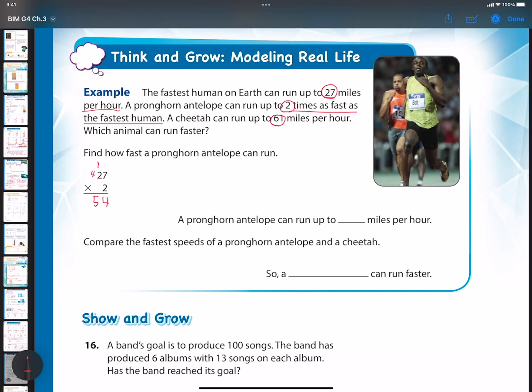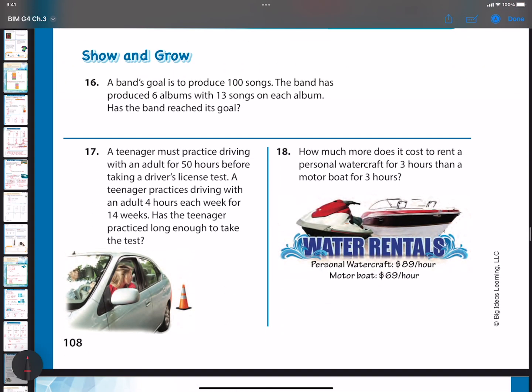So the pronghorn antelope can run up to what? 54 miles per hour. So compare the fastest speeds of pronghorn antelope and a cheetah. So, yep, cheetah can run faster. Maybe cheetah, you guys say. It doesn't matter, okay?